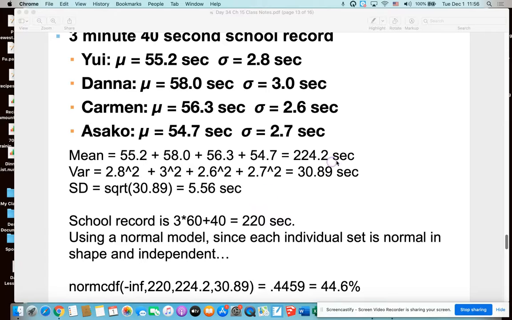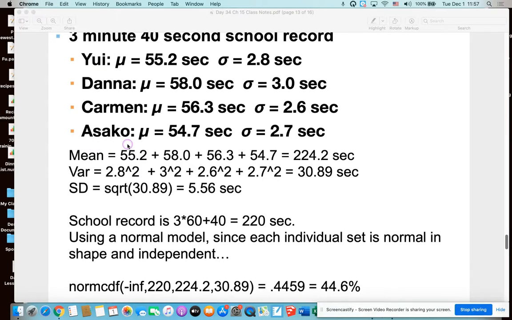Now this is powerful because I have a mean and a standard deviation that I can use on a normal curve, and I can do all the probabilities I want. Of course, before I did any of this, I should have checked whether all these people are independent of each other. Is the speed that Yui swims going to affect how fast Asako swims?